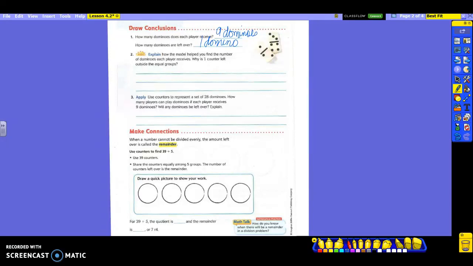Now you're going to explain how the model helped you to find the number of dominoes each player received, and then also why is 1 counter left outside the equal groups. So talk to your group for just a second about how that model helps you to find the number of dominoes each player receives, and why is there 1 outside of the group.